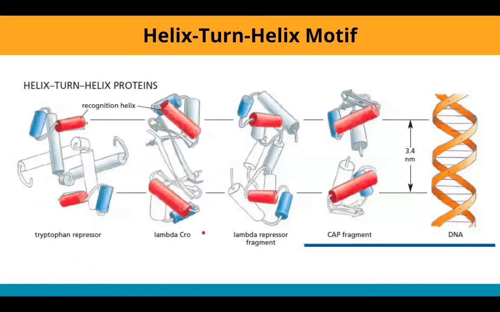So the helix-turn-helix proteins consist of an alpha helix connected to a beta turn. Examples of the helix-turn-helix motif are the tryptophan repressor, the lambda Cro, which is found in bacteriophages, the lambda repressor fragment, and the CAP fragments.